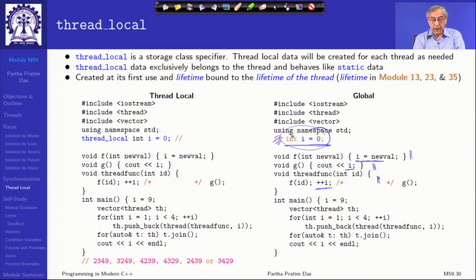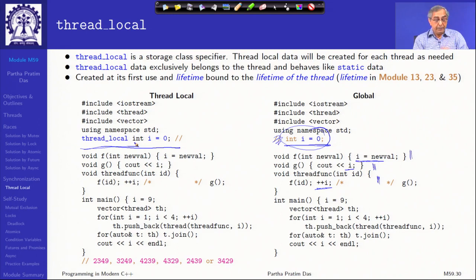Now, if I do that, then any other thread which may be working with the same thread function, its own I will also get affected because it is a global. So, the solution is to have thread_local before this. What it means is that if it is thread local, then as long as you are in one thread, this will look to you as if it is a global.